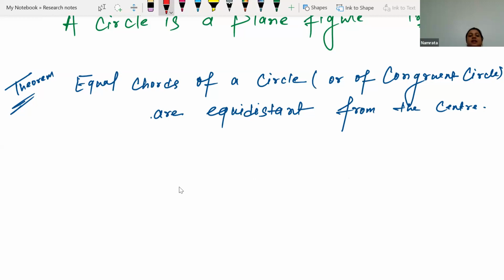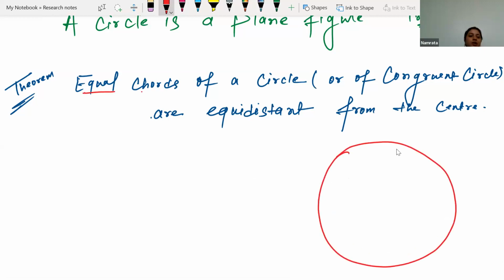So here, what exactly does it say? Equal chords of a circle. If we have a circle like this, and we have equal chords. Let's say one chord is this one, and one chord over here.